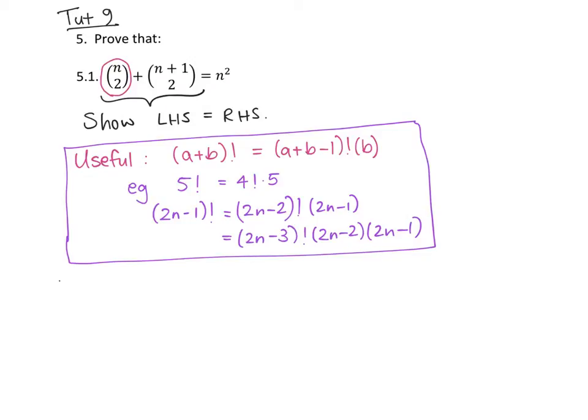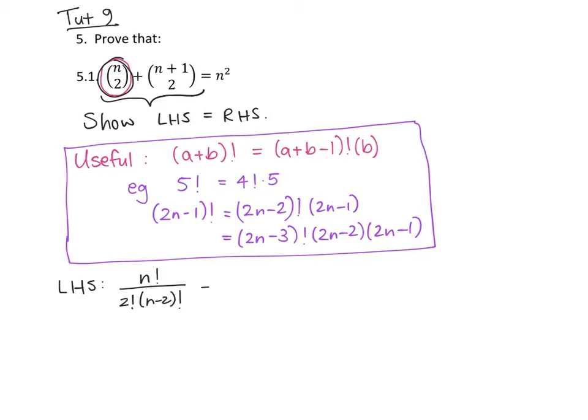So I'm going to work with the left-hand side. And the first thing that I'm going to do is move away from using notation like this with the brackets and transform that into notation using factorials. So I've got n choose 2, which is n factorial over 2 factorial times n minus 2 factorial.